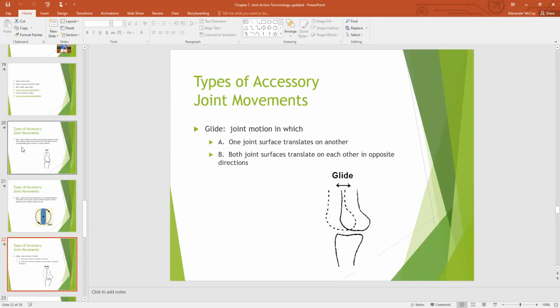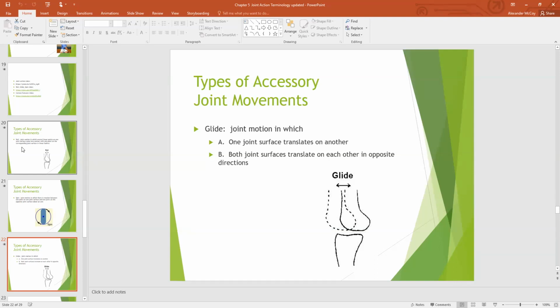Glide. So this one's kind of neat because it could be seen as two different things, where one joint surface translates across another, or both joint surfaces are translating in opposite directions. Okay, so think about, we'll talk about this later, but whenever I do an ACL exam on somebody, if I think that they have torn the ACL, I run out on the field and I do what's called an anterior drawer test.